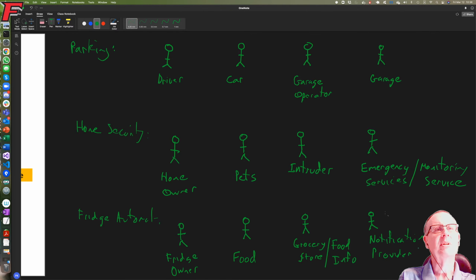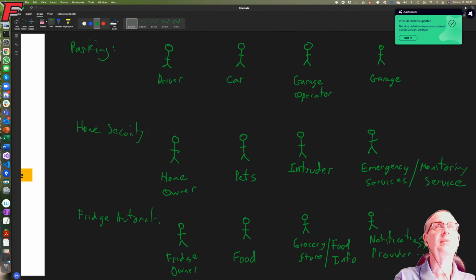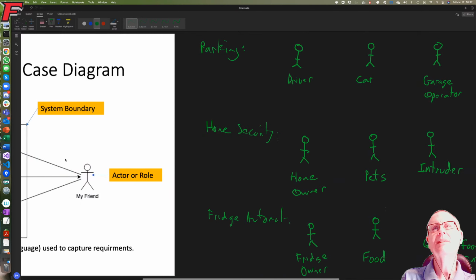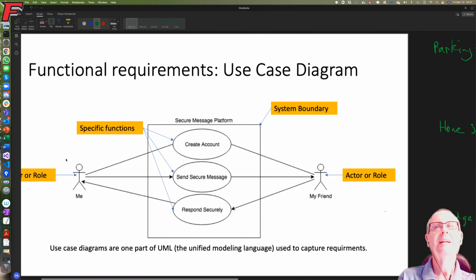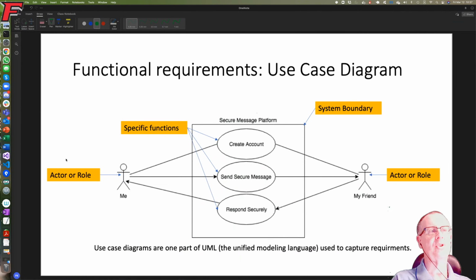But that might be separate, because I think all of these could probably want notifications at some point. I suppose that's the emergency services piece out of home security. Okay, so that's an attempt at finding the roles or the actors for each of the projects.